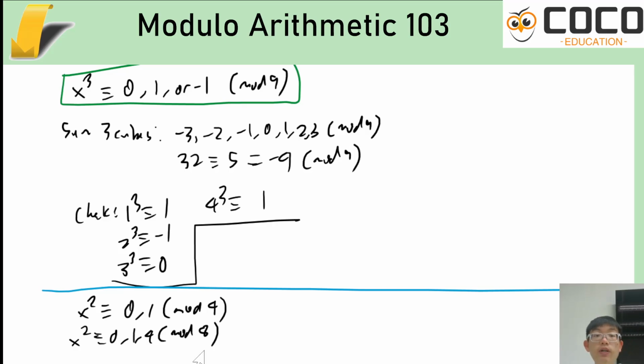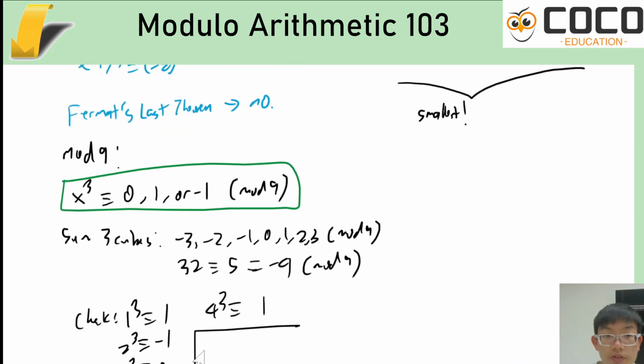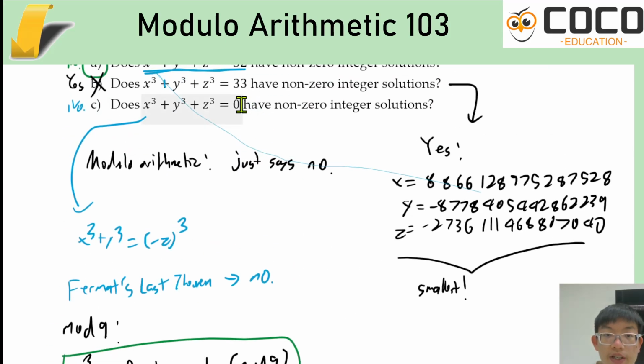Very often we will also use mod 9 for cubes. But this is not everything that we are possibly ever going to use. And we're going to see some examples here of how I will use modular arithmetic as a filter, with the caveat that please know this does not always work. For example, modular arithmetic would never ever be able to handle Fermat's last theorem, otherwise we would be done 300 years ago.